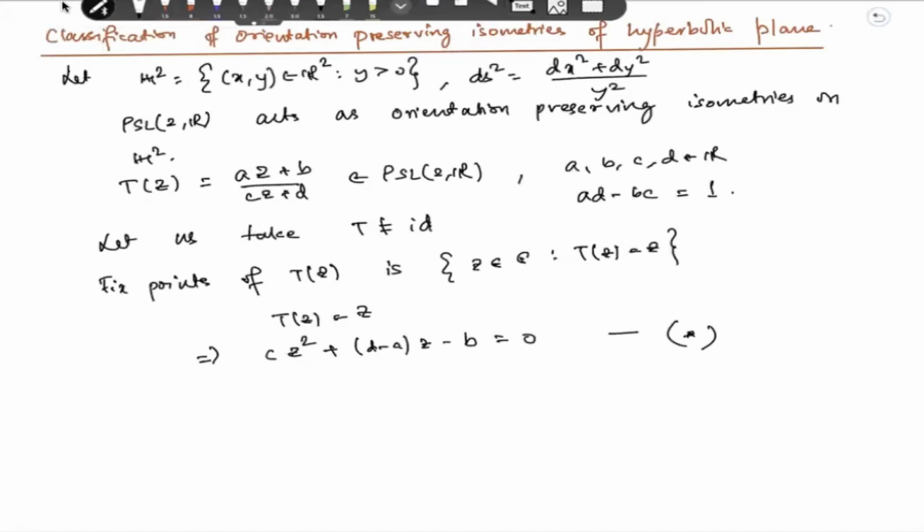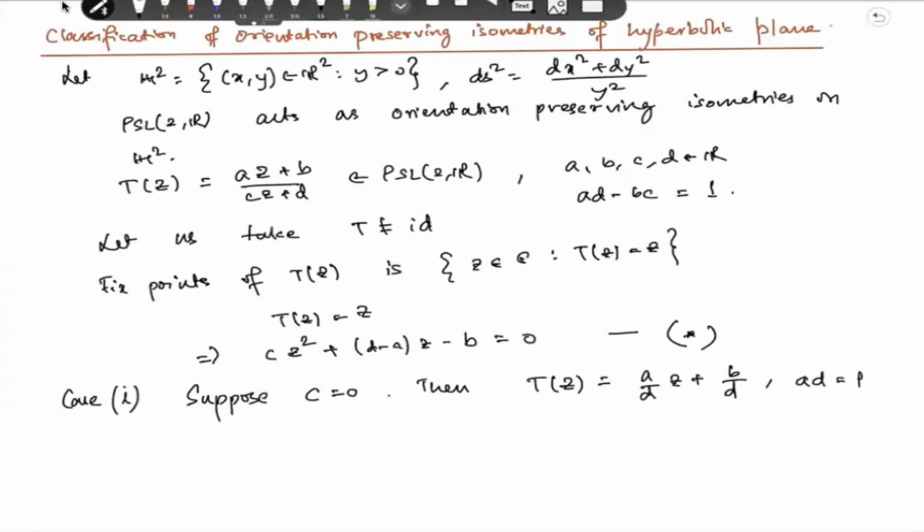Now case 1. Suppose c is equal to 0. Then T(z) is of the form (a by d) z plus b by d. Because ad minus bc is equal to 1 and c is equal to 0, we have ad is equal to 1. And now suppose mod of a is greater than 1.